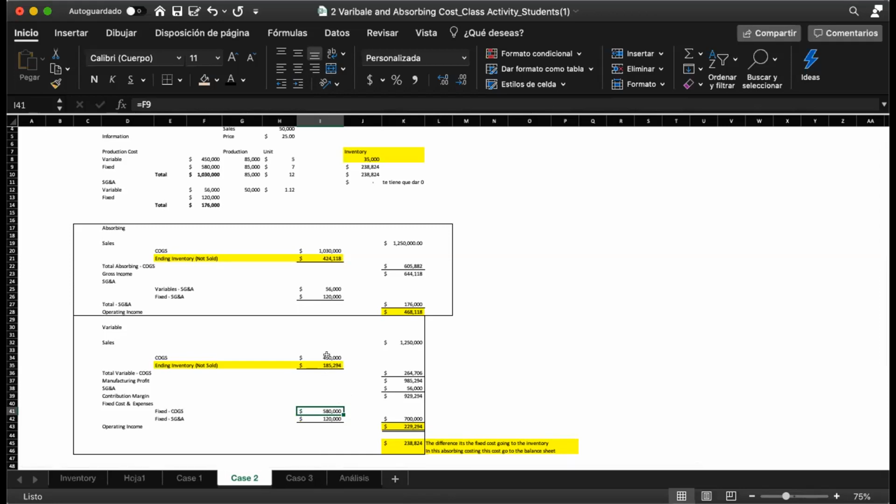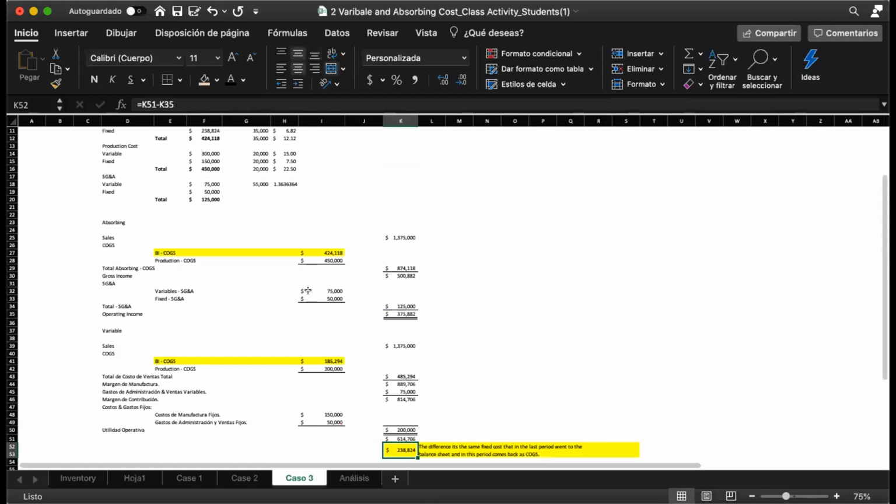Because in the next period, you already registered that sale, that sales cost, I'm sorry. So if you were to register it again, go back to case 3, please. If you were to register it again, you would be duplicating that cost. So you don't take it into account. And that's the difference. Okay, teacher, thank you.